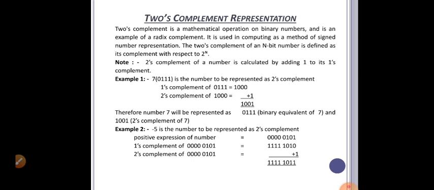Then first of all, whatever the number is, you change it into one's complement. One's complement of 011 is equal to 100. Then the 2's complement of this number is what? Just add 1 to it and you will get the 2's complement of that number.